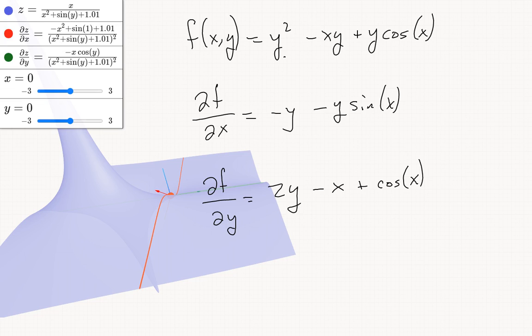Then for del f by del y, derivative of the top with respect to y is 0, and then minus x times derivative of the bottom with respect to y is cos y. So we get negative x cos y over that denominator.